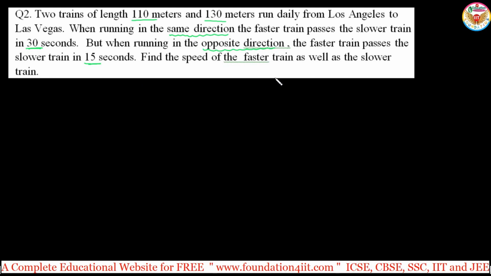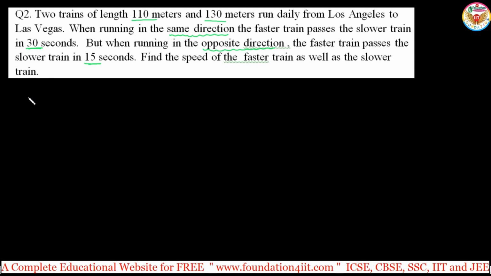The traditional method will take very long. To find this directly: the distance is given, meaning the lengths of the two trains are given, and the times to cross in the same direction and the opposite direction are given.